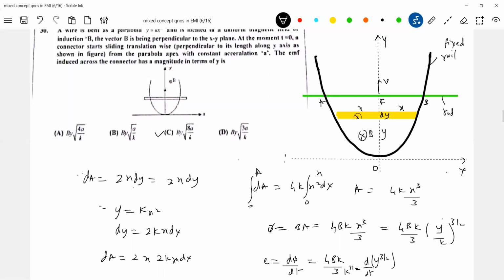The acceleration, we again got d phi, sir, the flux linking the elemental surface. Then what happened? We should integrate that.